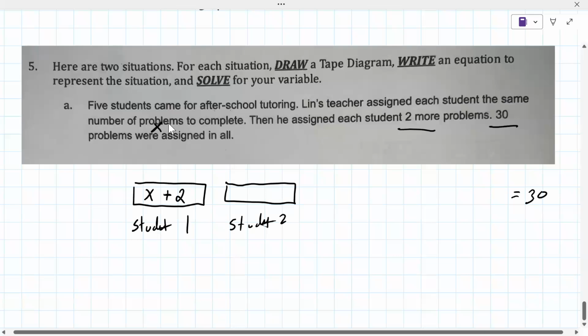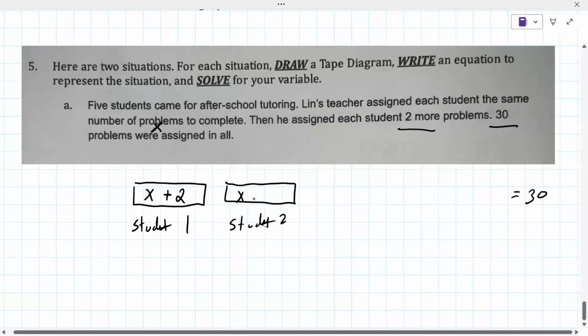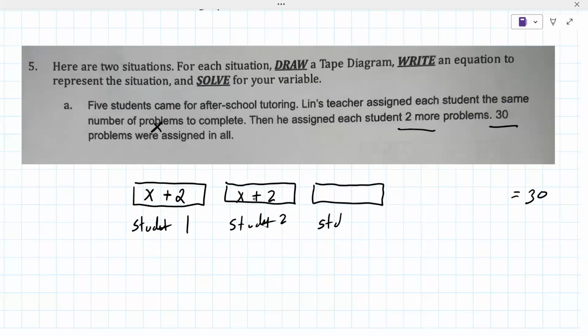Think of this as, just pick a number, like 4. Each student completed 4 problems, then 2 more, but the 4 is really the X. So they're all doing the same thing. Every student has to do the same number of problems.